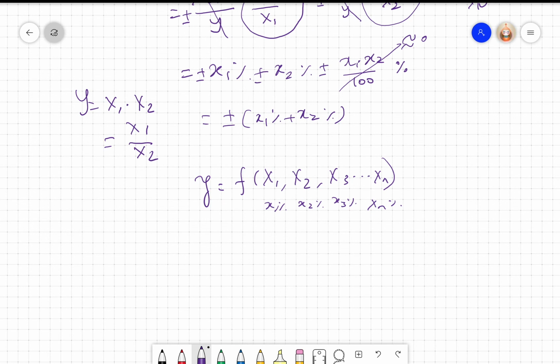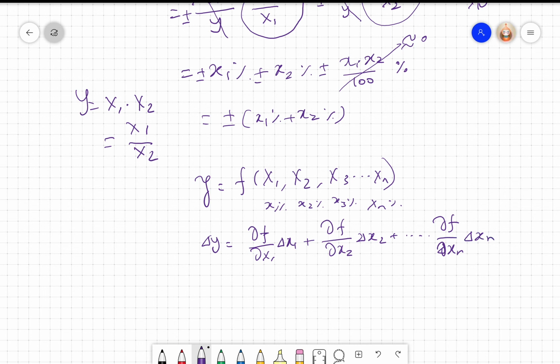Now, if I use perturbation theory, delta y is dou f by dou x1 into delta x1 plus dou f by dou x2 into delta x2 dot dot dot dou f by dou xn into delta xn.